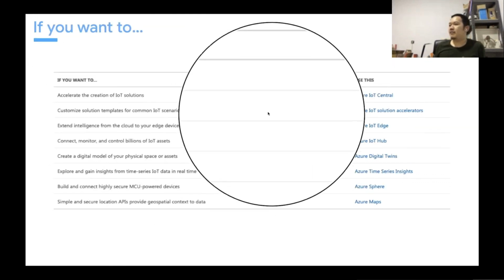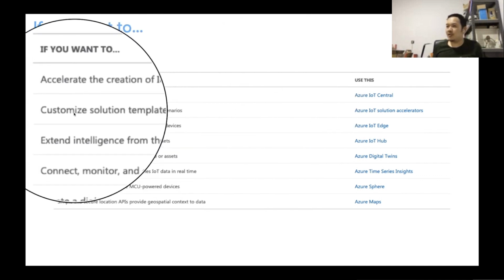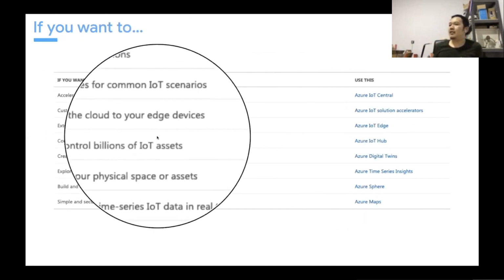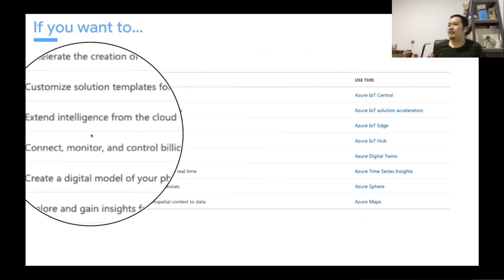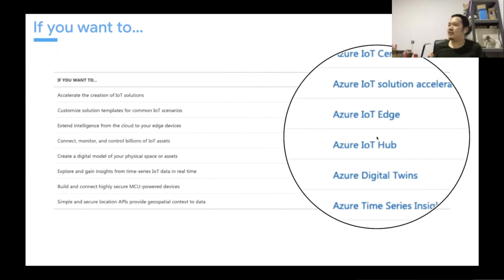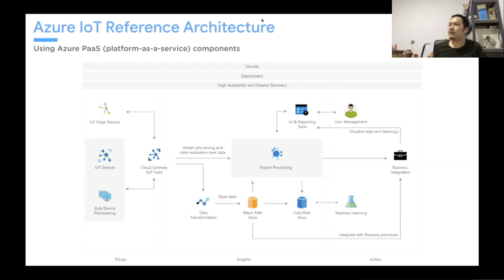And for example, if you want to again put intelligence on the device, you can use IoT Edge. And if you want to connect your devices, obviously IoT Hub is the first choice, and so on.